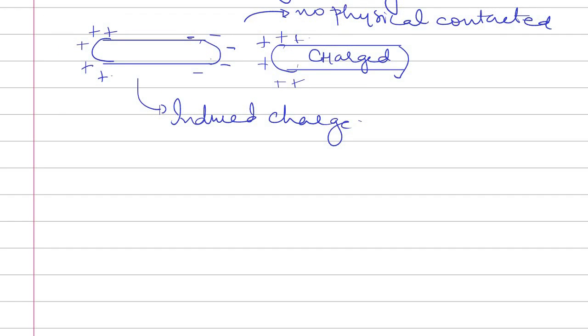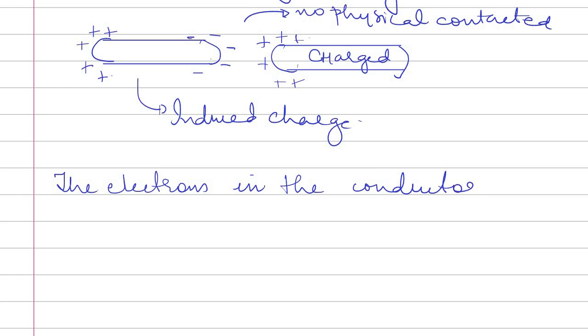Charging by induction happens because the electrons in the conductor are free. As soon as this charged body comes, the electrons will tend to move towards the edge, so that they will try to discharge the body.